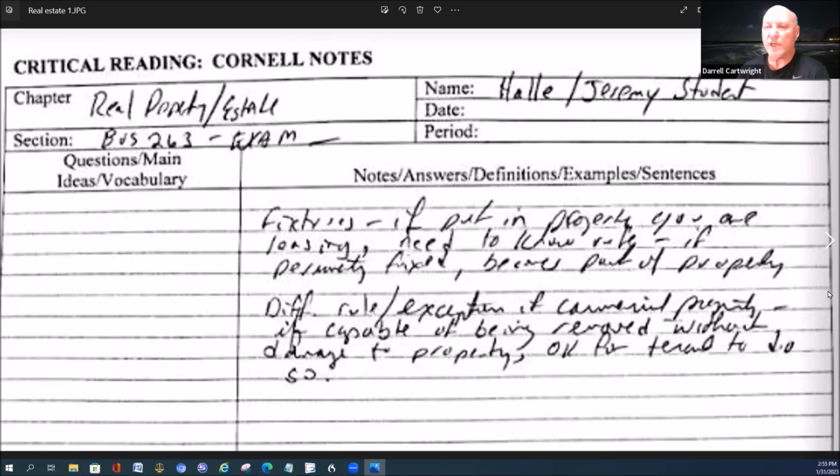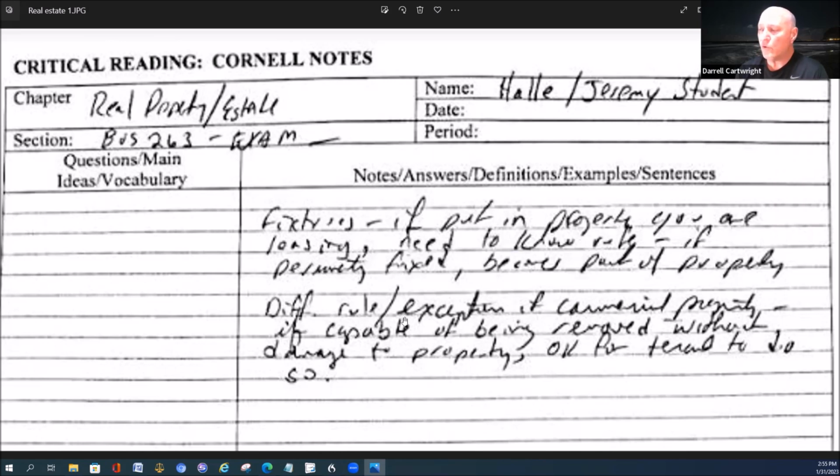And so you're listening to my lecture, and I say, if it's put on property you are leasing, you need to know the rule. If permanently affixed, it becomes part of the property. And then I go on and I discuss an exception, because you know the law loves exceptions.